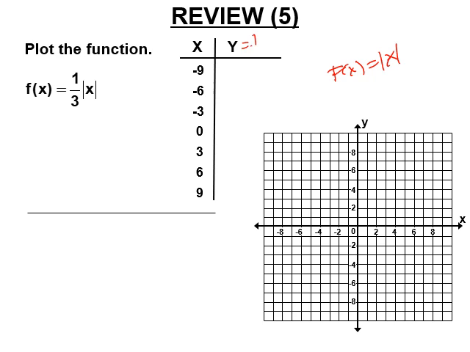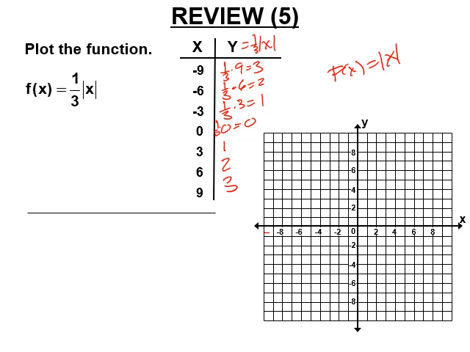Y equals 1/3 times the absolute value of x. So x is -9. 1/3 times the absolute value of 9, 1/3 times 9 is 3. At -6 it is 2. 1/3 of 3 is 1. And these are symmetrical.